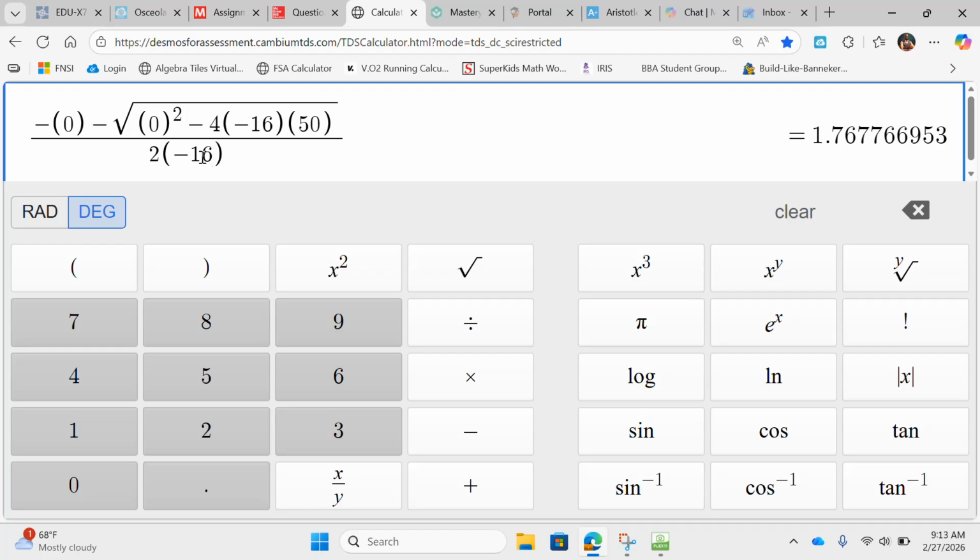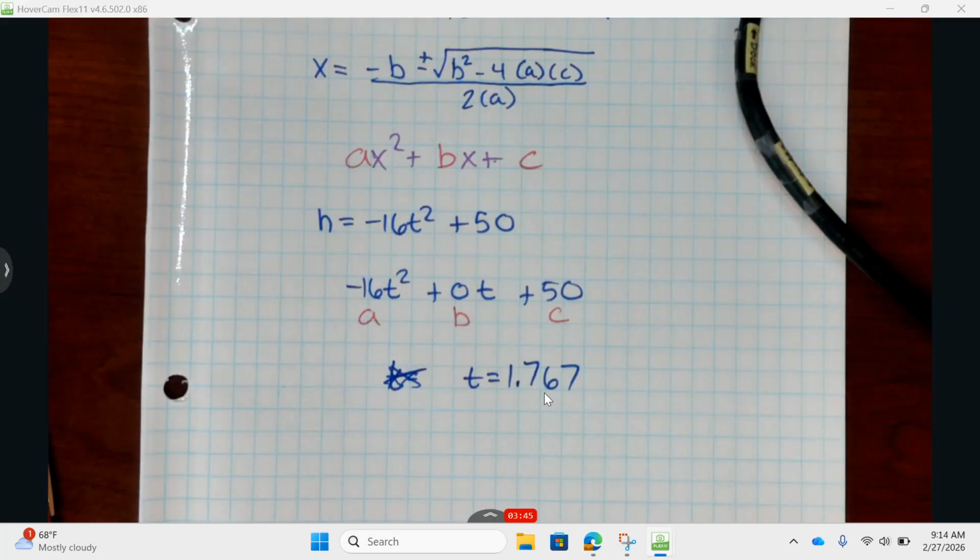One of the answers here is going to be t equals, I should say t, not x, t equals 1.767.